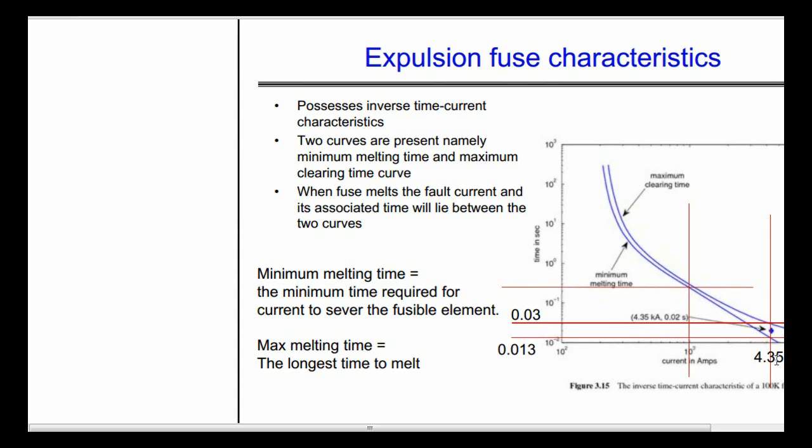And if we have, like, 4.35 kiloamps, then the minimum melting time is here, 0.013, while the maximum melting time is 0.03. So there is a huge difference between them, something like 17 microseconds.